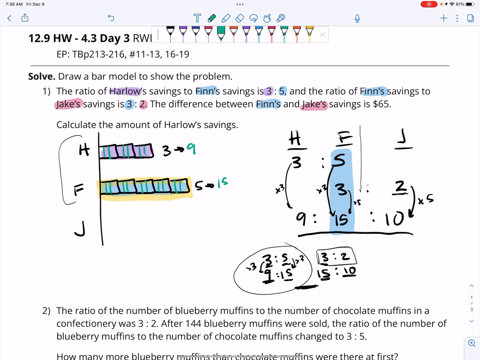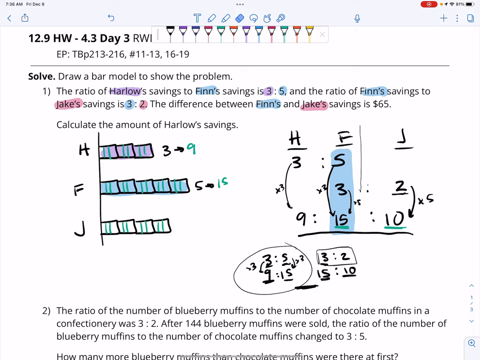I'm going to get rid of that. So now when we compare the Finn to Jake ratio, we know that that is 15 to 10. And those are 15 of the small units. So I'm going to borrow this bit here because I know I'm going to be using the same size ratios for Jake's.